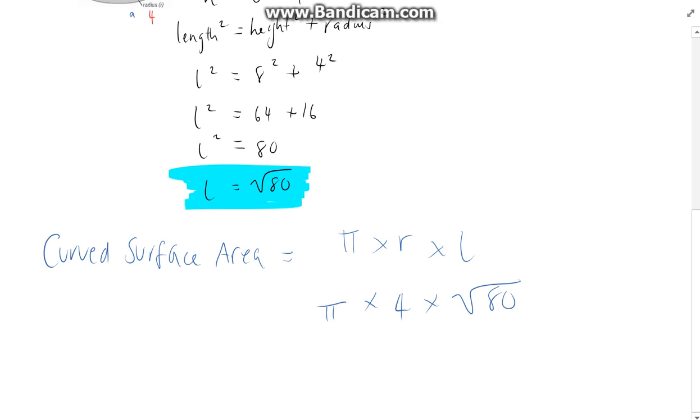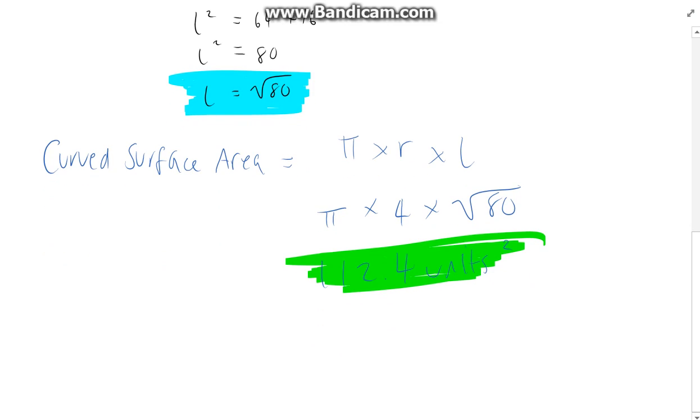If we put that into our calculator to one decimal place this time, pi times 4 times the square root of 80 to one decimal place will be 112.4 units squared, because it's area. If they had asked us to give our answer in terms of pi, we just use the SD button on that answer. So that's our curved surface area.